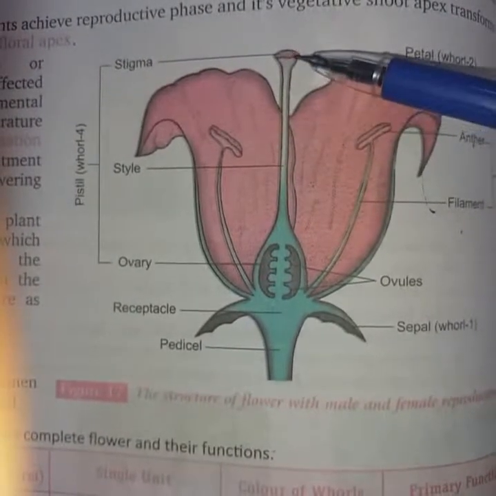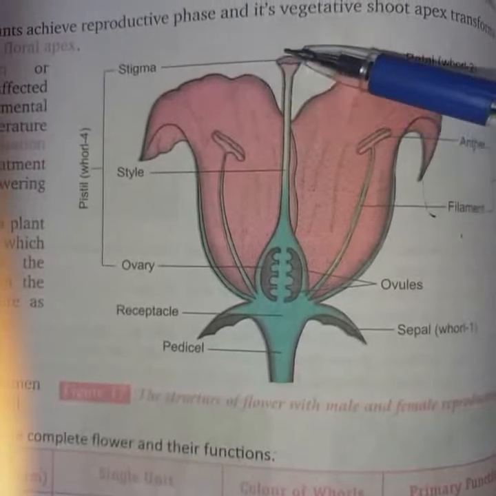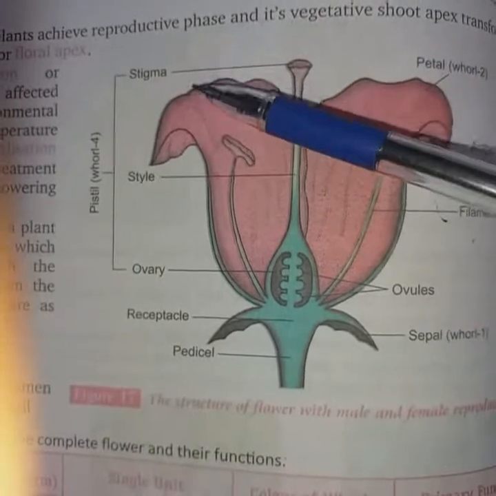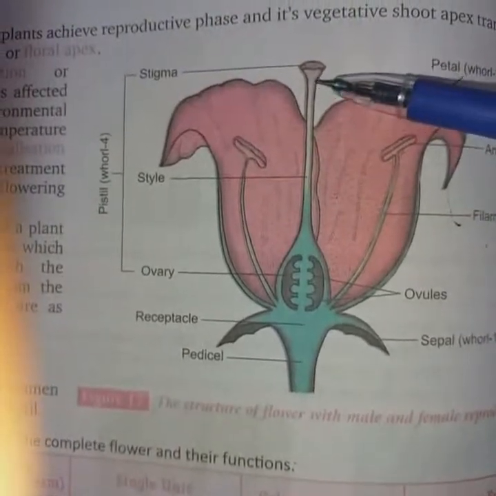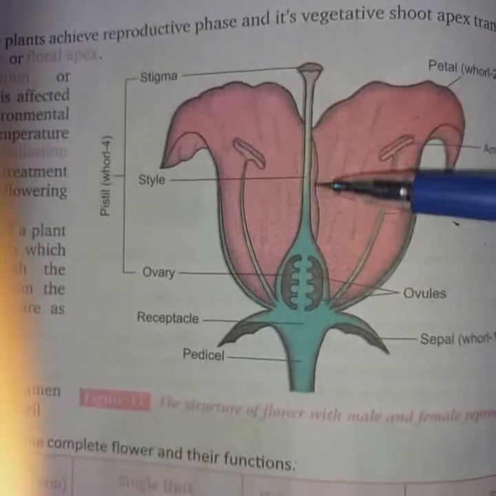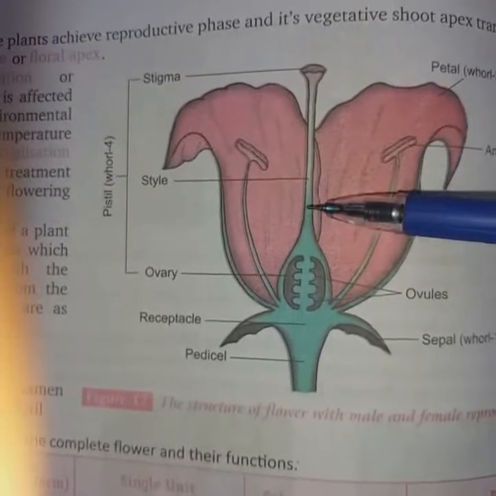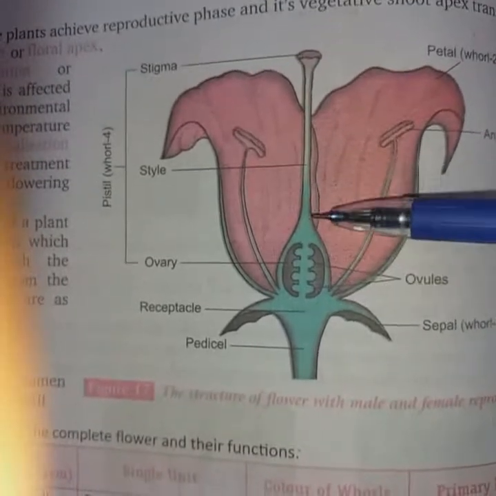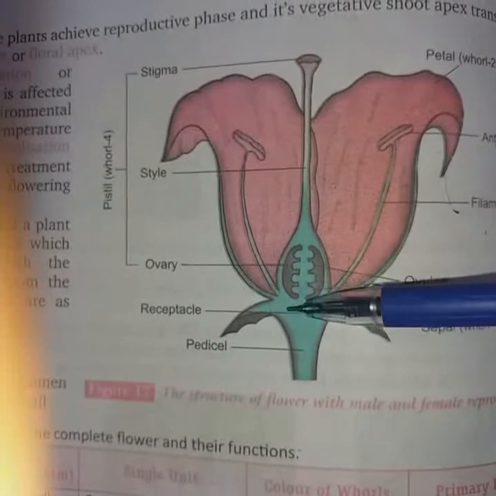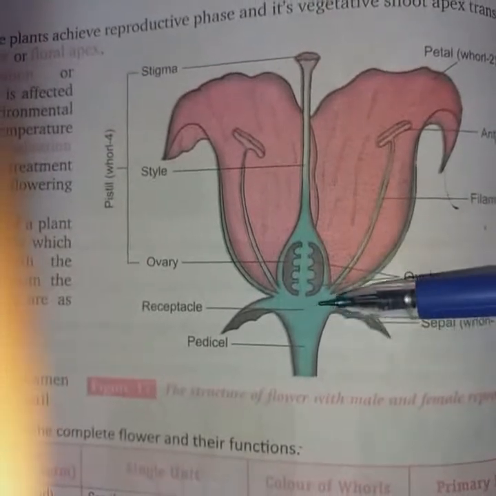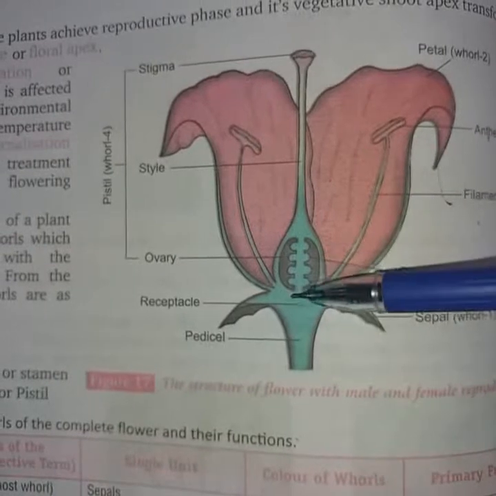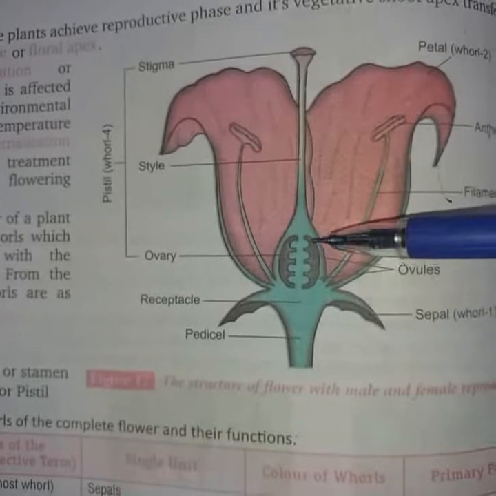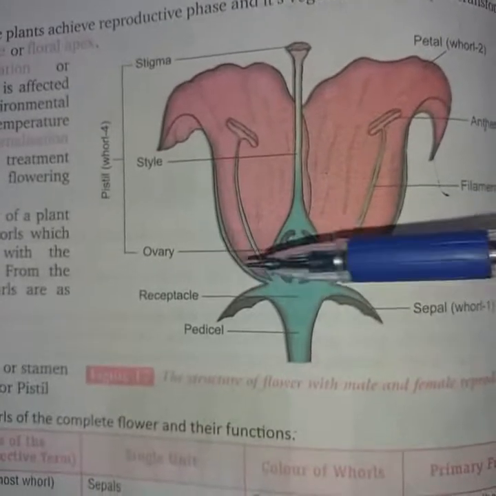This upper part is a velvet-like, soft, spongy structure called the stigma. The middle part is a thin, tubular structure called the style. The last part of the pistil or gynoecium is a thick, round-shaped structure called the ovary.